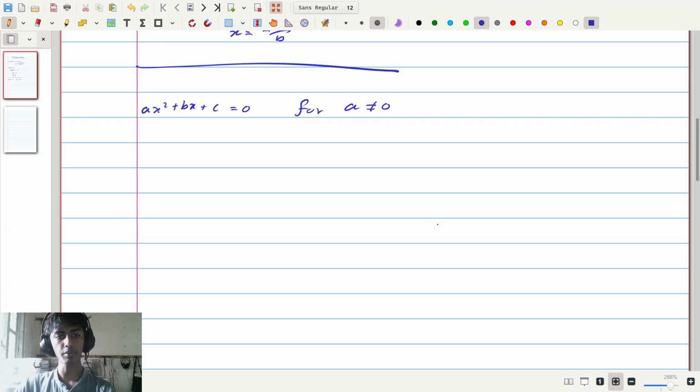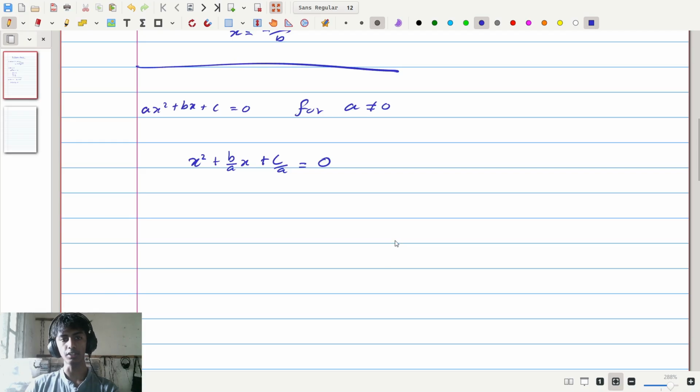So dividing everything by a, we get x squared, because remember ax squared divided by a is just x squared, plus b divided by a x plus c divided by a is equal to 0. Because 0 divided by a is equal to 0, provided that a is not equal to 0.